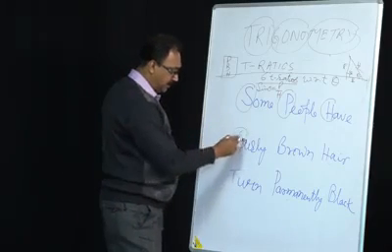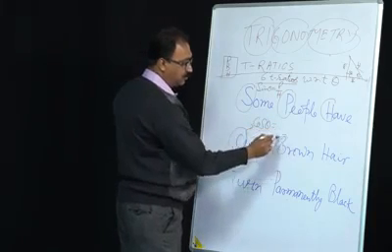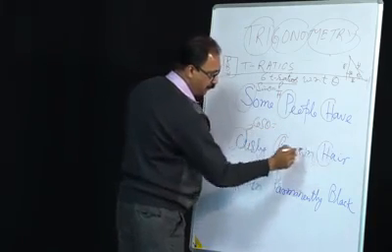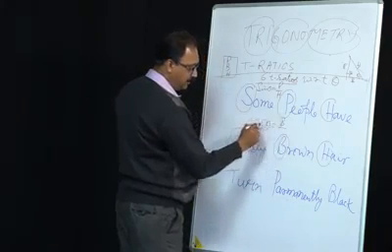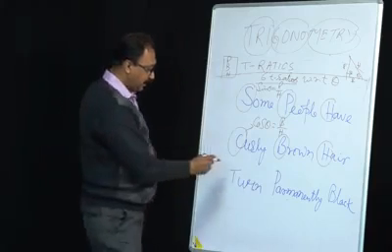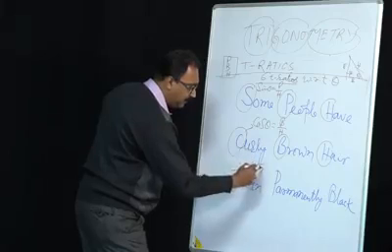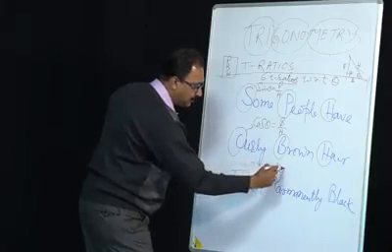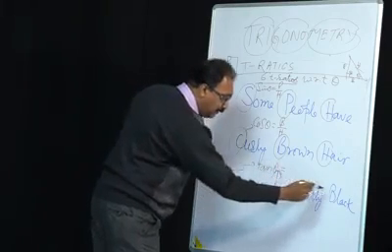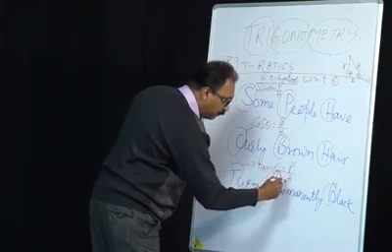Cos theta, C indicates cos theta. Cos theta is equal to base by hypotenuse. So, curly brown hair. You can remember this poem easily. Clear? Turn, T for tan theta, is equal to permanently black, P by B. So: turn permanently black.